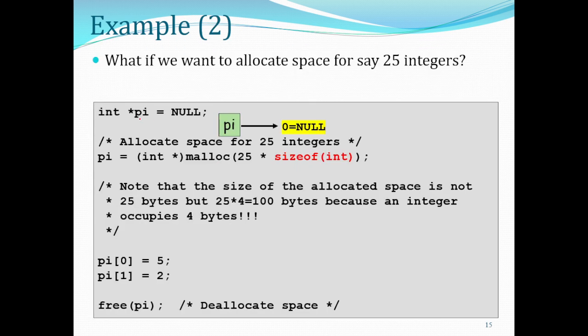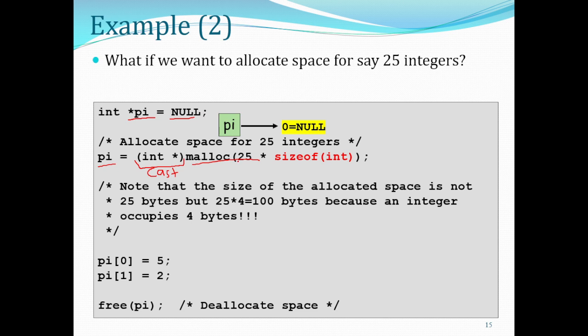So there is an integer pointer pi. Right now it's showing nothing. When I ask for 25 integers long space, this is called casting, which means we are asking for an integer pointer address, a casting operation, from malloc.